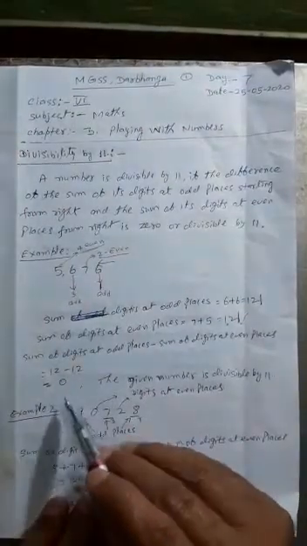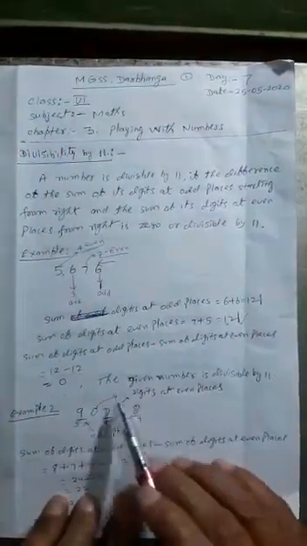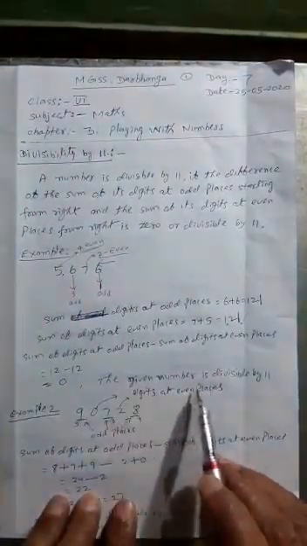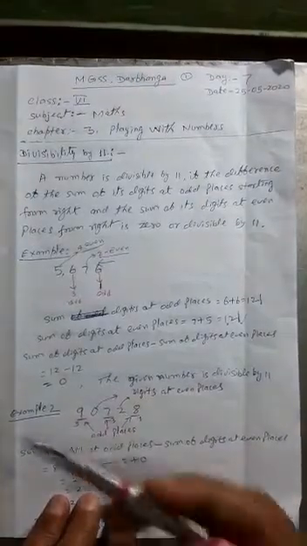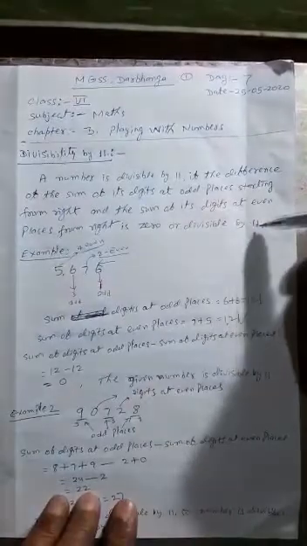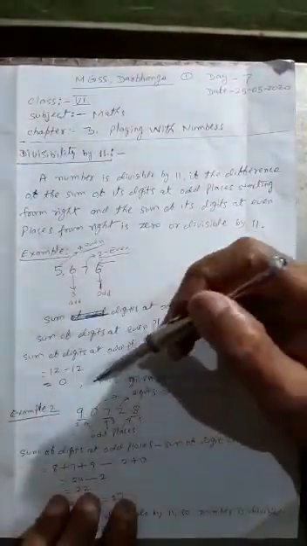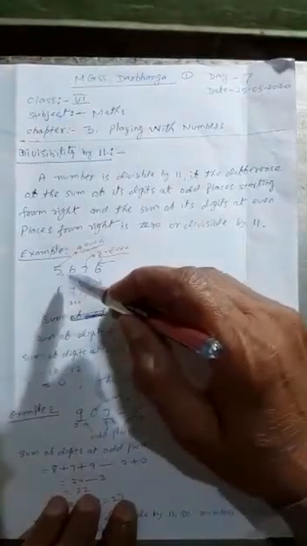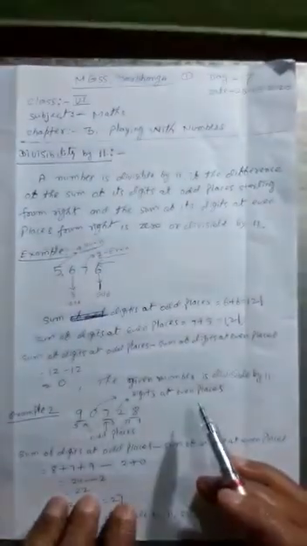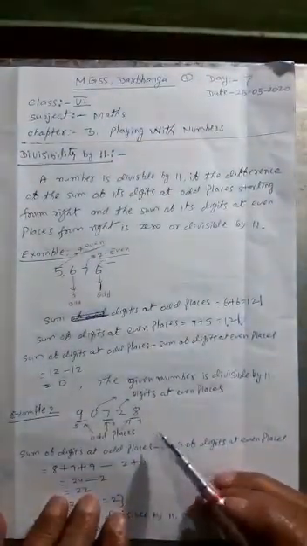The difference 12 minus 12 is 0. So the given number is divisible by 11. Here what we have seen: if the difference is 0 or divisible by 11, then the given number is divisible by 11. This given number 5676 is divisible by 11.